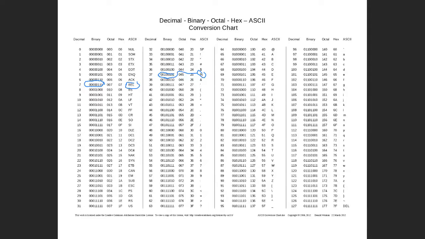So all of this list over here are all the printable and non-printable characters. Now, if you look over here, you'll see these numbers 0 through 9. For the number 1, it's not the binary number 1, because the binary number 1 would have 7 leading zeros and just the 1 in the rightmost bit.